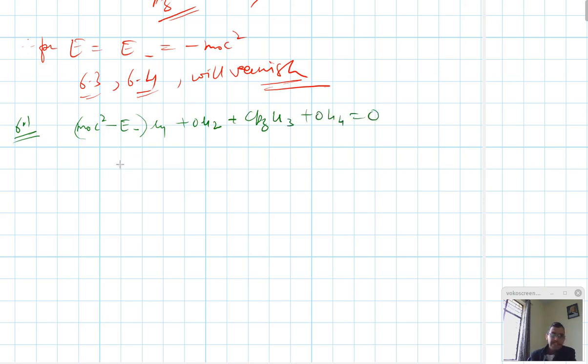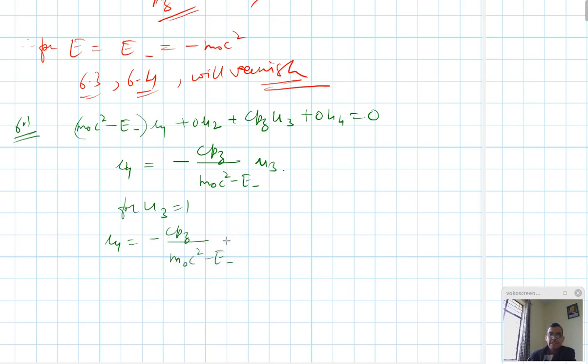So from here I can calculate that u1 is equal to minus cpz over m₀c² minus E minus times u3, and for u3 equal to 1, u1 is equal to minus cpz over m₀c² minus E minus.